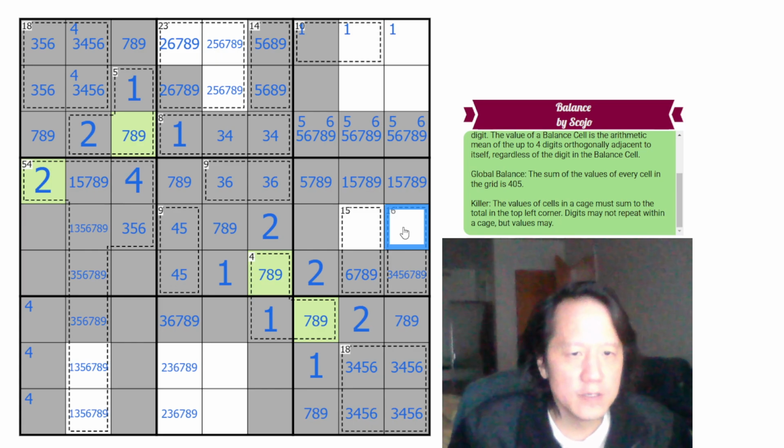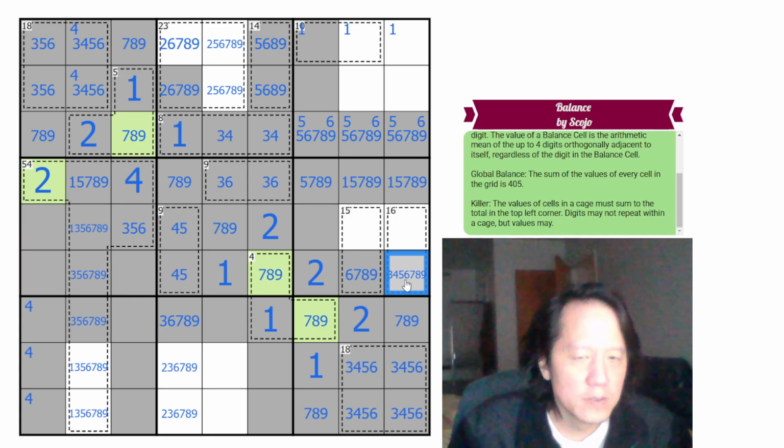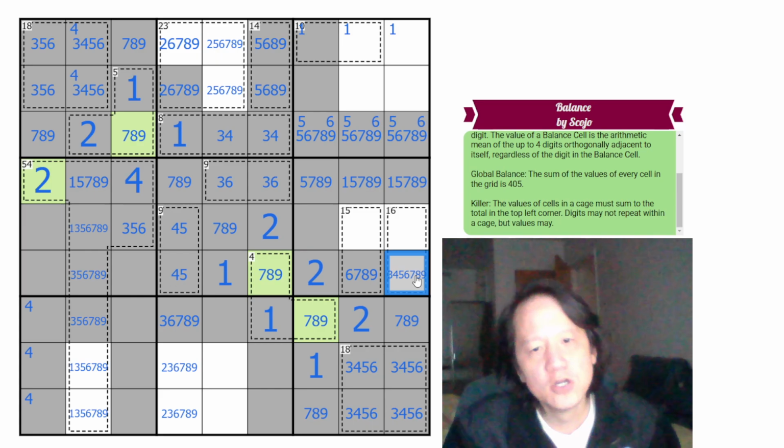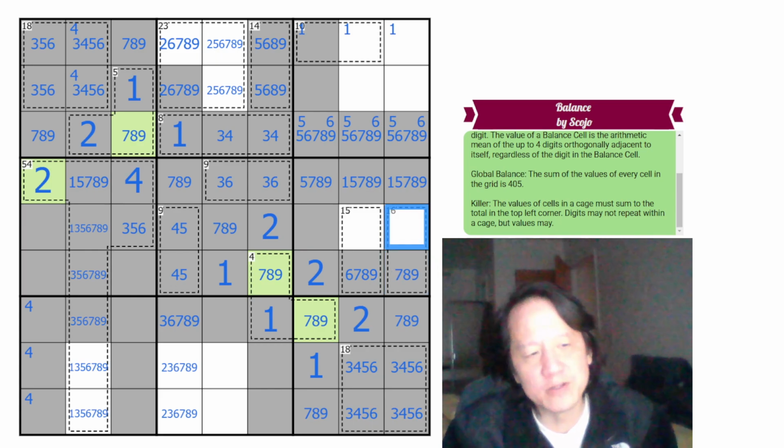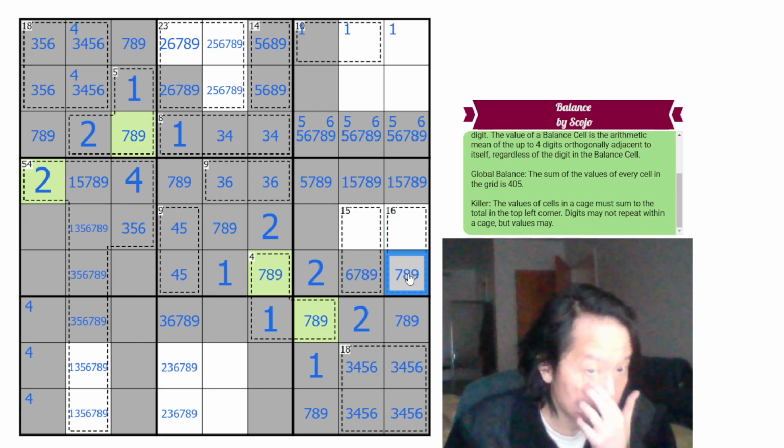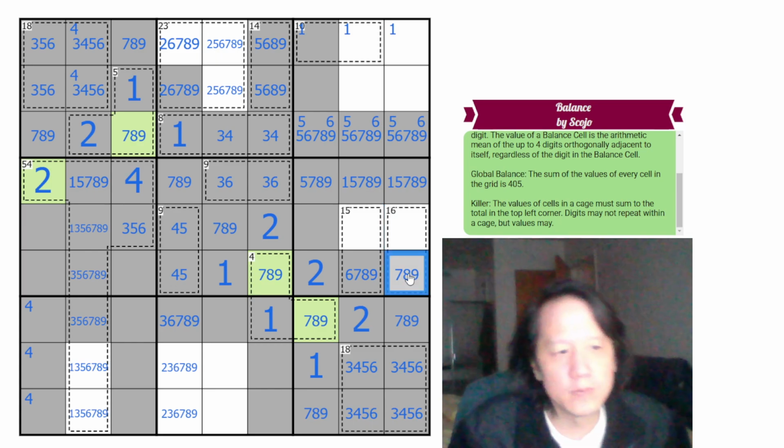This, if it were a balanced cell, again, could be 8 and 9 plus 7, which would be a value of 8. So this is a maximum value of 8, which means this has to be a value of 8 or 9, at least. But it still could be, without the balanced cell, 7, 8, or 9. Right.